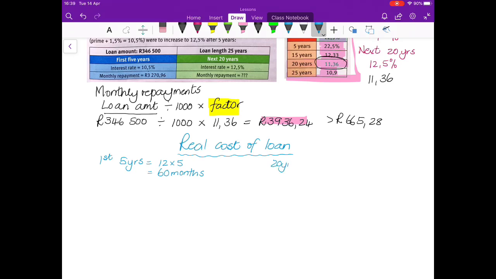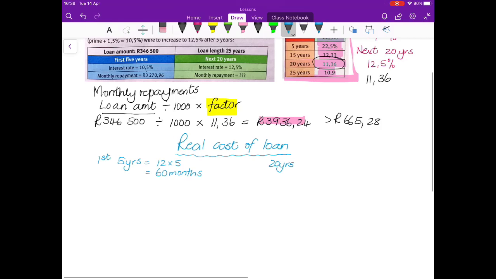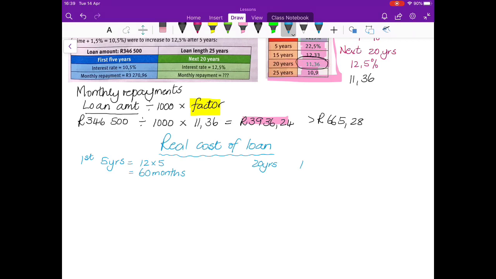For the next 20 years, 20 multiplied by 12, so 12 months multiplied by 20 years will give you 240 months.